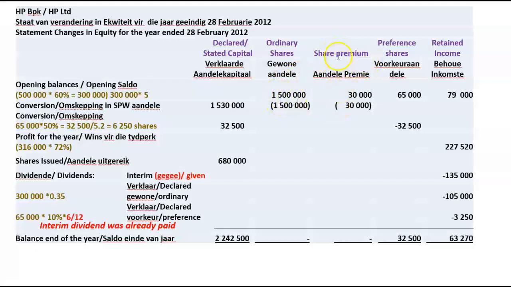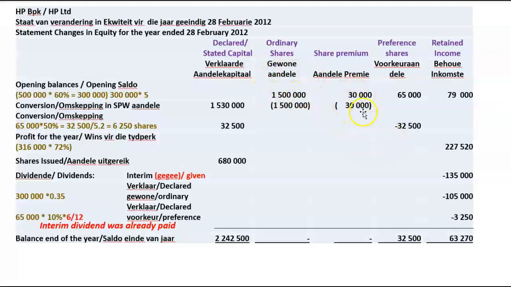Sometimes share premium can also be applicable on preference shares. In a case like that, you only have one share premium column in your statement of changes in equity. And you can only take out of that share premium account the share premium that belongs to that share which is now converted into no par value shares.